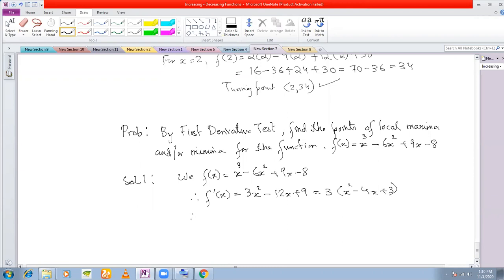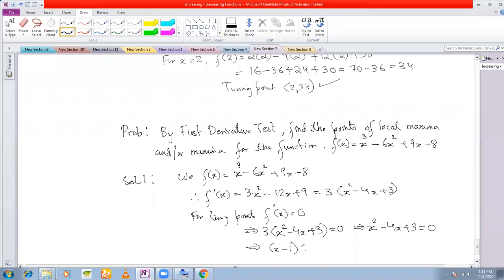So for turning points, f dash x is equal to 0. That means 3 times x square minus 4x plus 3 is equal to 0. That means x square minus 4x plus 3 is equal to 0. That means (x minus 1)(x minus 3) is equal to 0.